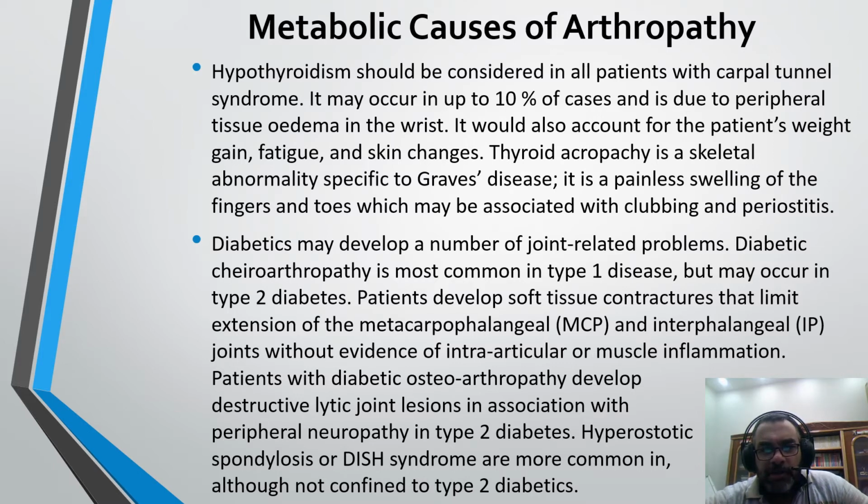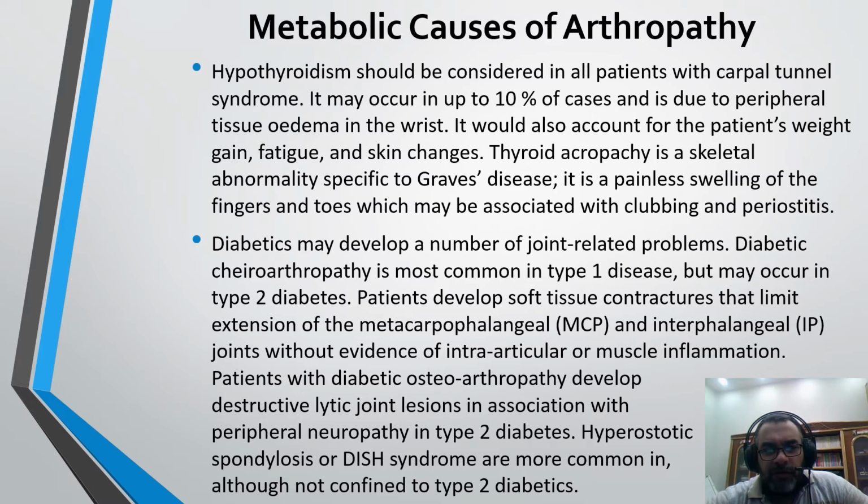Thyroid acropathy is a skeletal abnormality specific to Graves' disease. It is painless swelling of the fingers and toes, which may be associated with clubbing and periostitis. Diabetes may develop a number of joint-related problems. Diabetic arthropathy is most common in type 1 diabetes, but may occur also in type 2 diabetes.